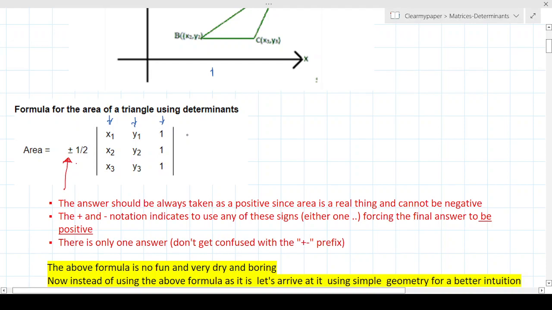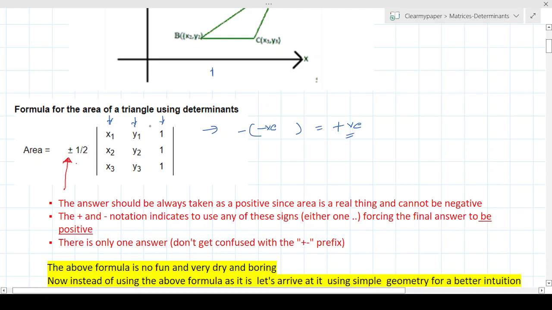After you compute the determinant of this 3 by 3 matrix, if the determinant is negative, then you apply the negative sign here, and negative times negative becomes positive, and so the final answer becomes positive.